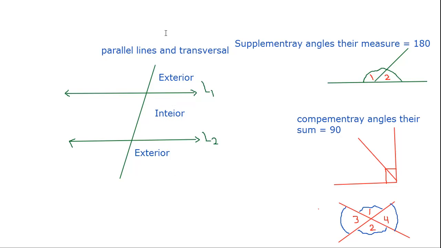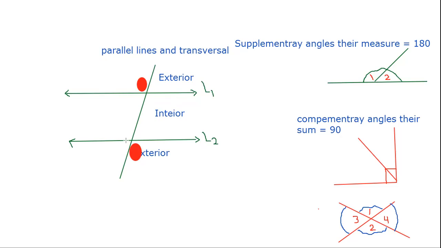First, we will start with the angles. I can say that this angle, if I put a circle here and another circle in this region, those two circles I put in the exterior region.